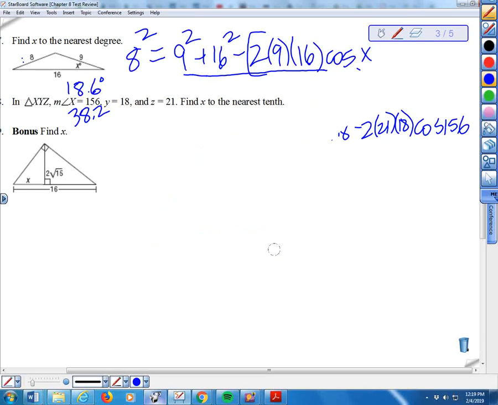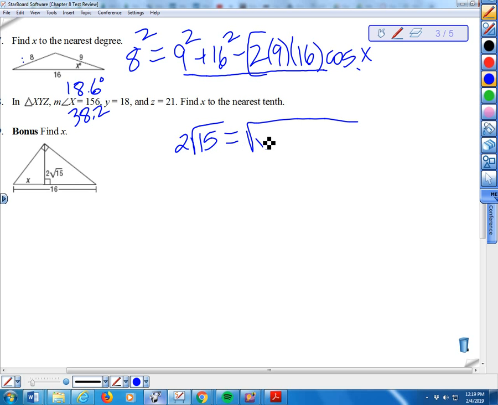Okay, bonus problem isn't too hard if you know the formula. 2 square roots of 15 equals the square root of x times 16 minus x, the two pieces of the base. This is x, this is 16 minus x. Square both sides. 4 times 15, 60.